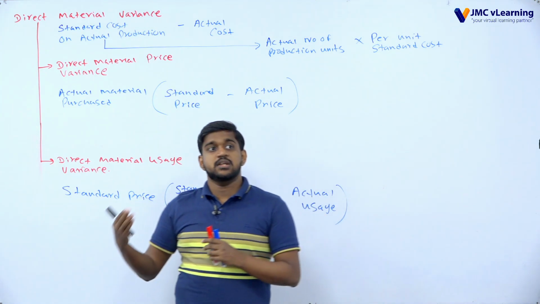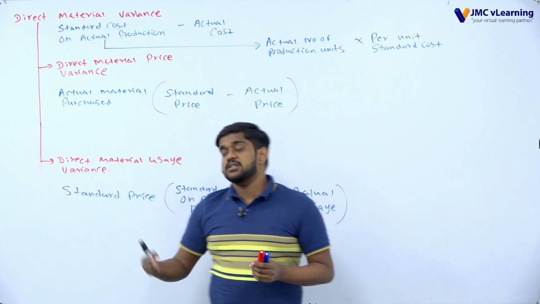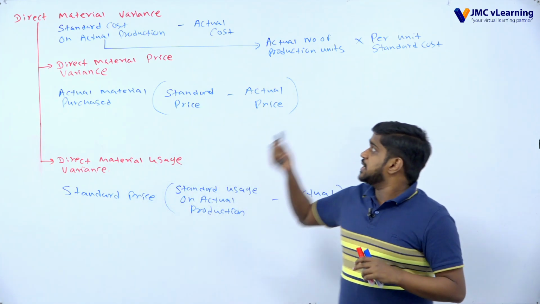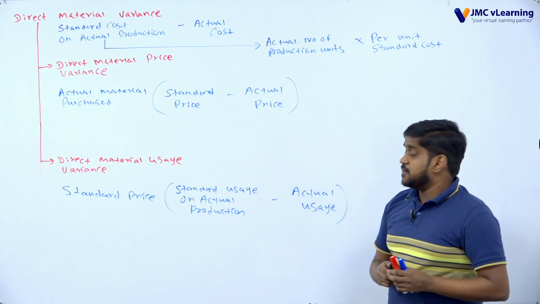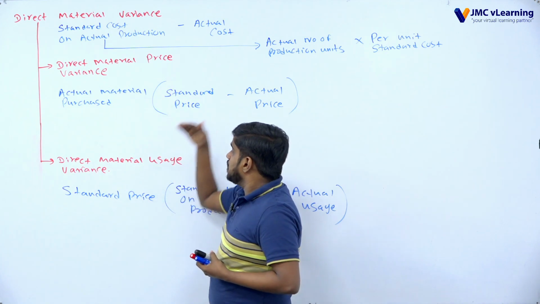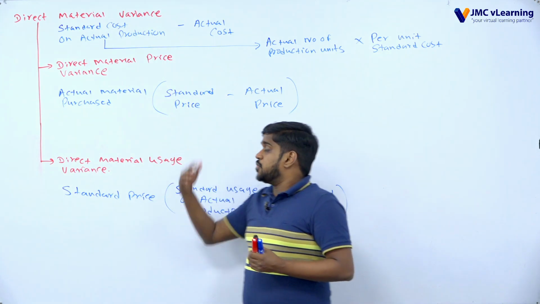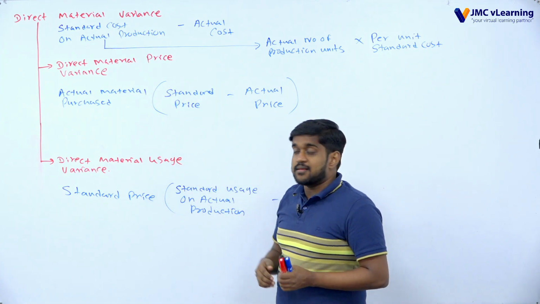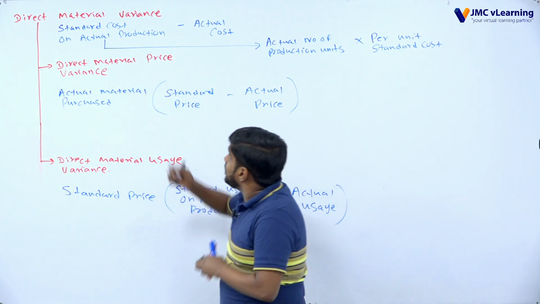Okay, the changes in our material usage and changes in our material price, those two things directly affect on our direct material variance. Therefore, for the purpose of identify how about their price variance and how about their usage variance, for that purpose we calculate two separate subvariance called direct material price variance.